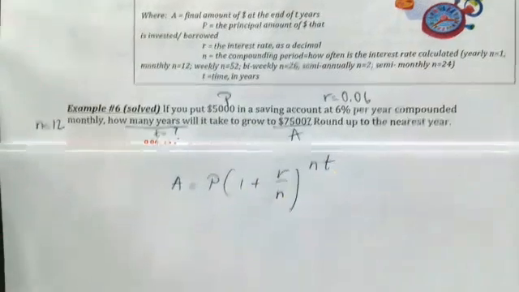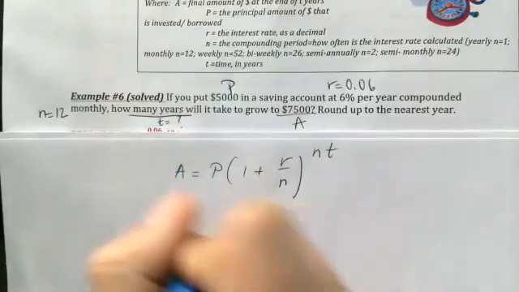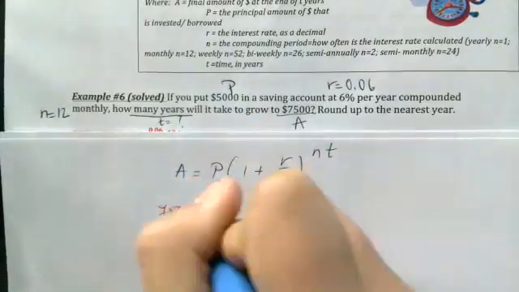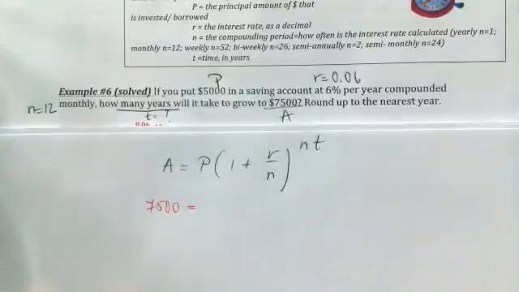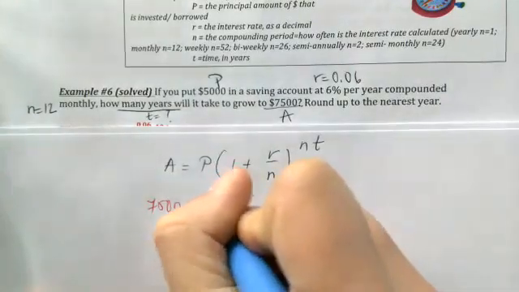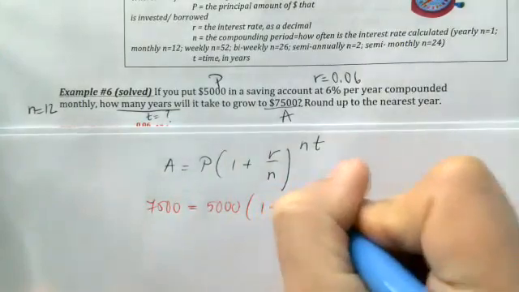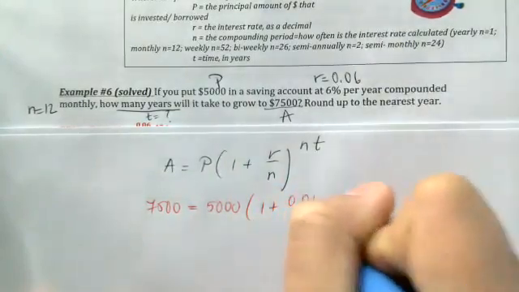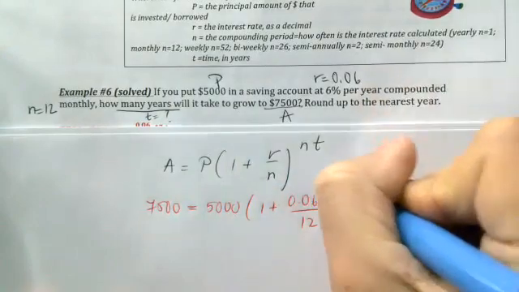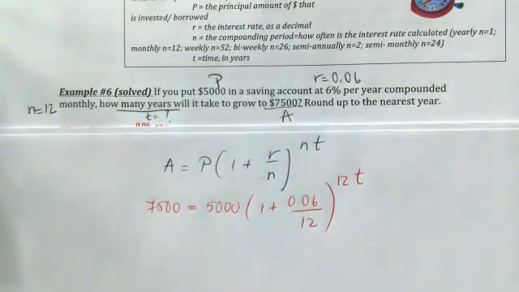Just plug in now. A is 7,500 equals principal 5,000 times 1 plus 0.06 divided by 12 to the 12 times t.